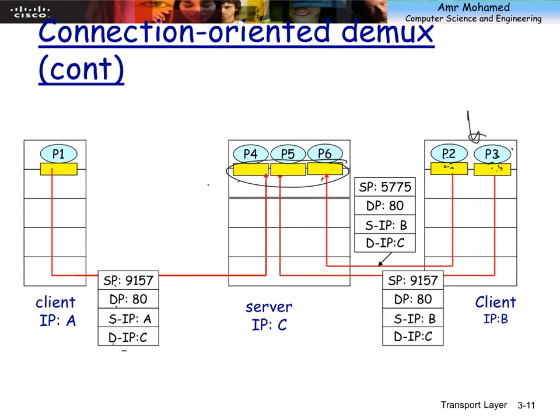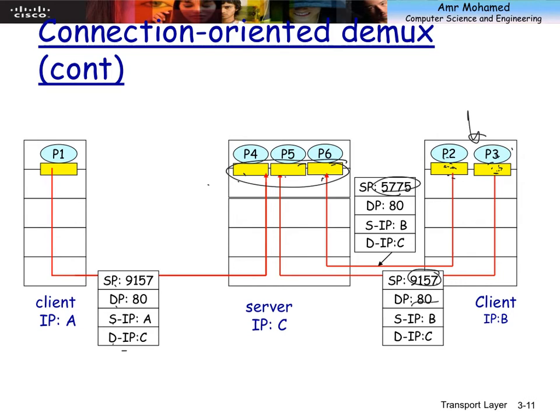And these different sockets have to have a corresponding socket at the server side, because these two applications have different source port. So the source port here is different from here.